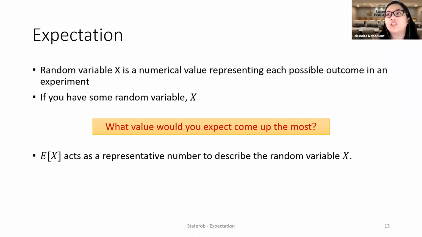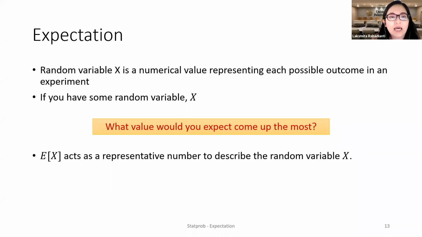Like, for example, if I ask you, I have an experiment, I have 2 dice, and I'm going to roll my 2 dice, and I'm talking about X is the sum of the 2 dice, and I ask you, what value do you expect would come? Like, what's the default you have in your mind? Would it be 6? So you would have maybe 3 and 3, 4 and 2, and so forth.